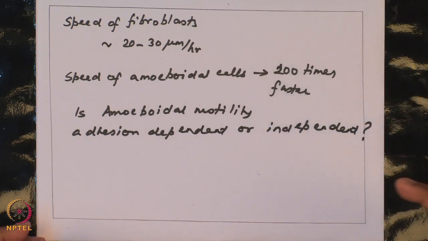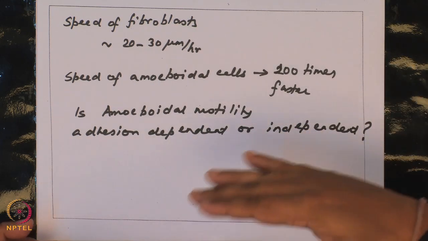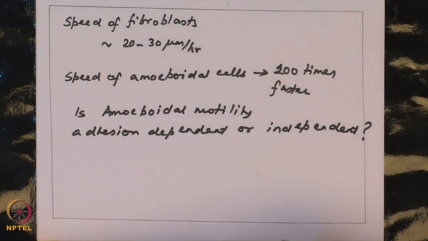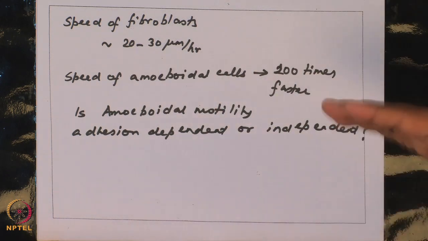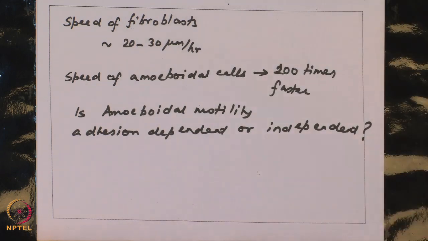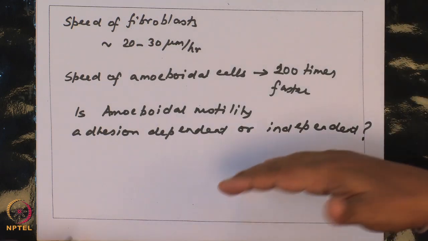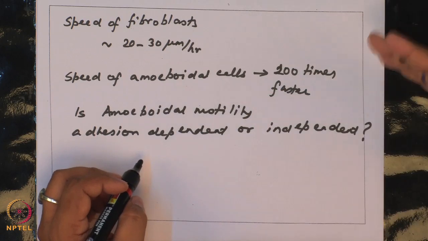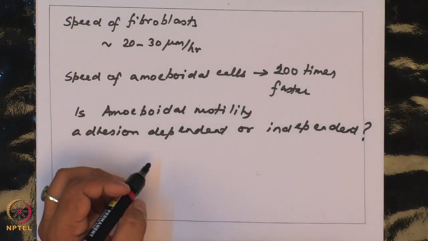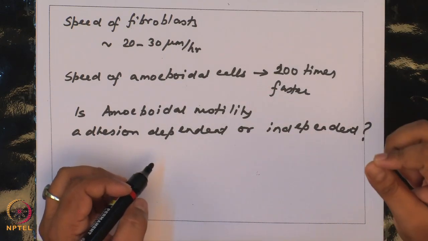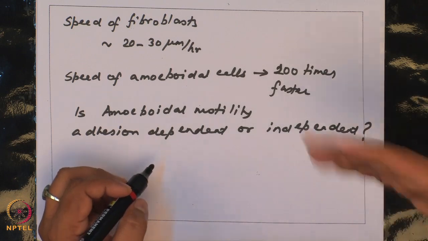The idea being, if something is adherent, you are protruding and then you are breaking your rear adhesions. So, that should limit how fast a cell can move. In contrast, amoeboidal migration can happen very fast if there is no adhesion. So, is there any justification for saying that amoeboidal motility must exhibit adhesion independent migration?